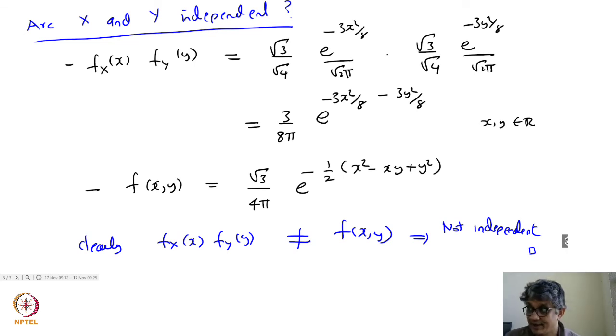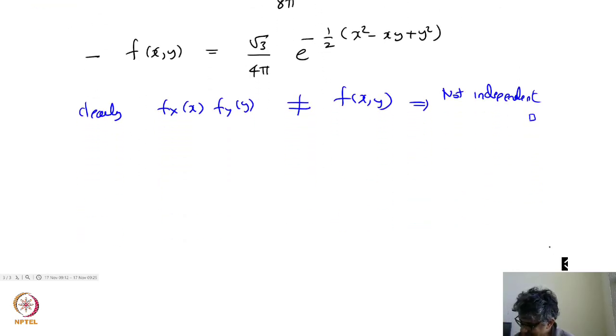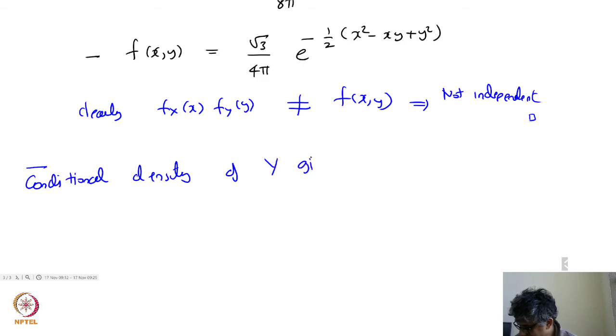Joint densities don't multiply. That means you'll have a nice conditional density. So that's nice. So let's try and compute the conditional density of y given x equal to x.